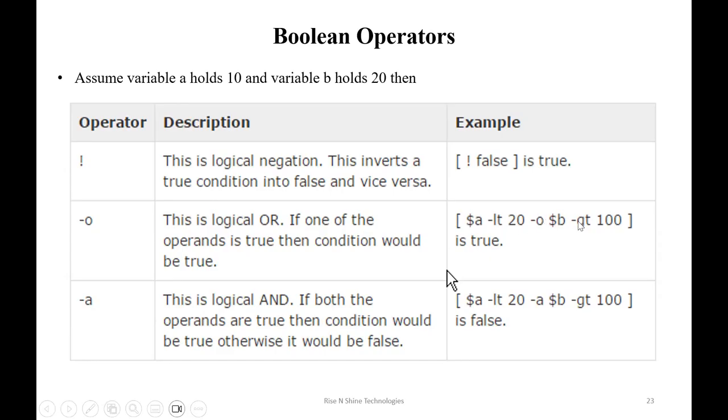Why waste the time? But in the AND operation, if the first one is false, is it required to check the second one? Not required, right? Anyway this is false. Whenever the first statement is false, whether the second one is true or false, it is going to become false.